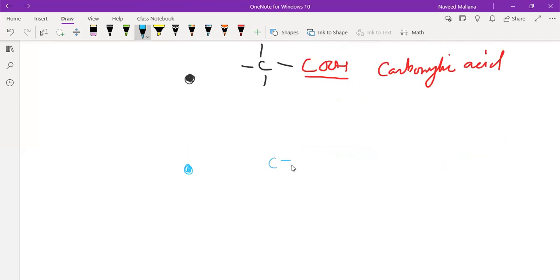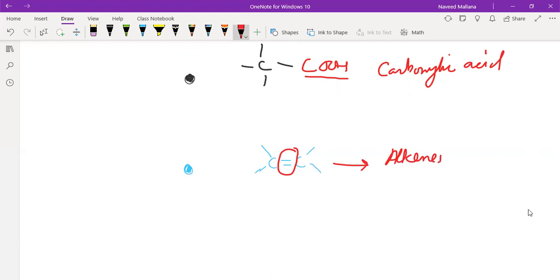This molecule containing carbon carbon double bond. This carbon carbon double bond is acting as a functional group. These molecules containing double bond are called alkenes.